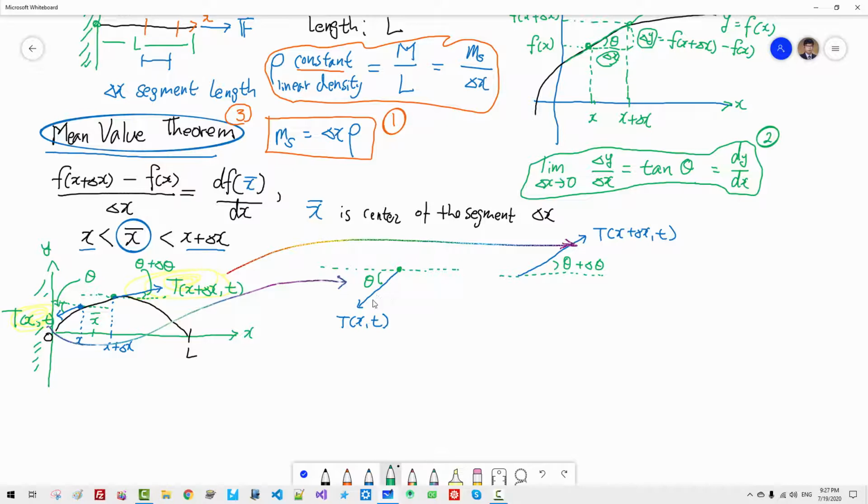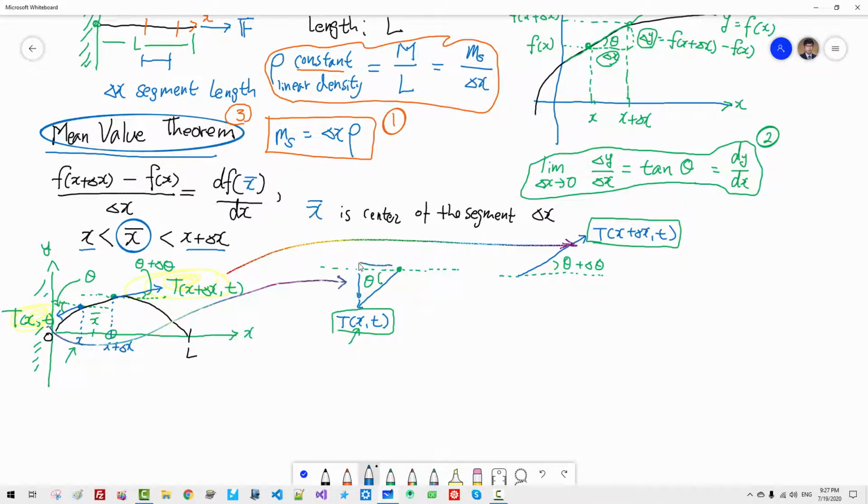Now we will split this T tension and this T tension, at point x here and at point x plus delta x here, into horizontal and vertical components like this. This is the vertical component.